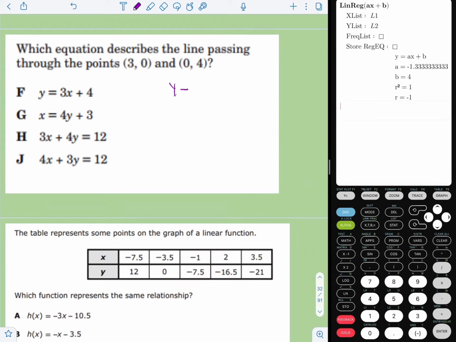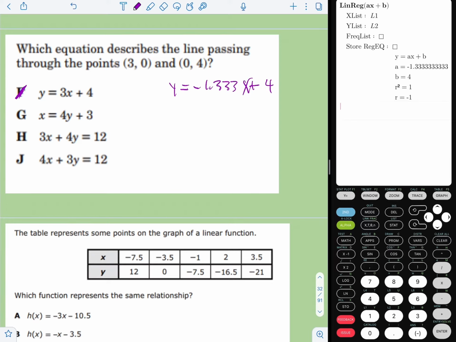So our equation is y equals negative 1.33 repeating x plus 4. Well, what can we say about this? It's not if. But how do we determine the rest?